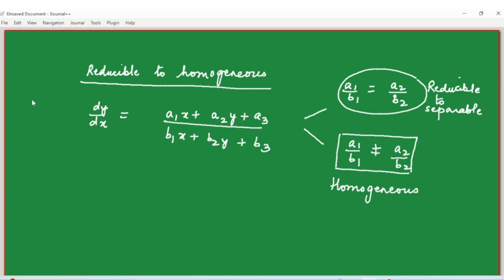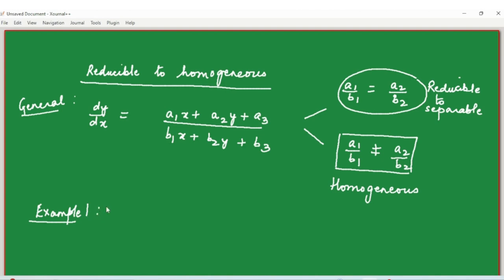So the general class of equations that we are discussing are going to look like dy by dx equal to a linear in x and y above and a linear in x and y below, with a constraint that the ratio of x above and below is not the same as the ratio of y above and below. Such equations cannot be reduced to separable, but they can be reduced to homogeneous through a process which we will be learning through some examples here.